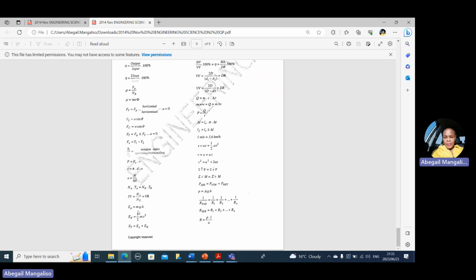The kinetic energy formula is half mv squared. It will be given. And this is the formula for total mechanical energy: the sum of potential energy and kinetic energy.